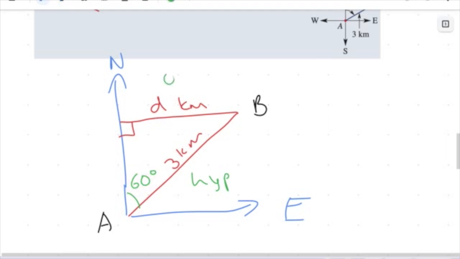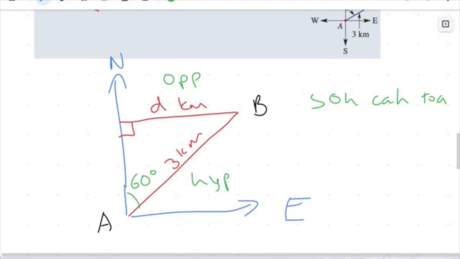It is the side opposite to my angle in question, the angle I've been given. So, remembering our SOHCAHTOA, we can select the appropriate trigonometric ratio to use here. Now we have an opposite and a hypotenuse, so we are going to use sine here.